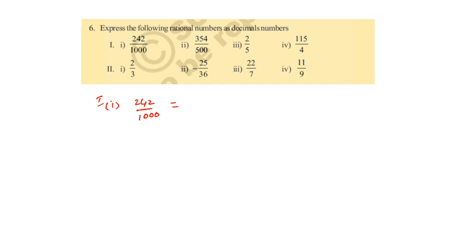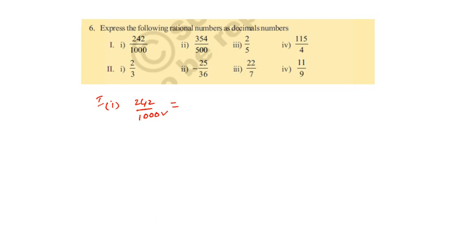First, you may observe what is in the denominator. In the denominator, it is 1000. Already you know it from previous classes. If the denominator is in the form of 10, 100, 1000, 10,000, then you may count how many zeros are there and you can write easily.